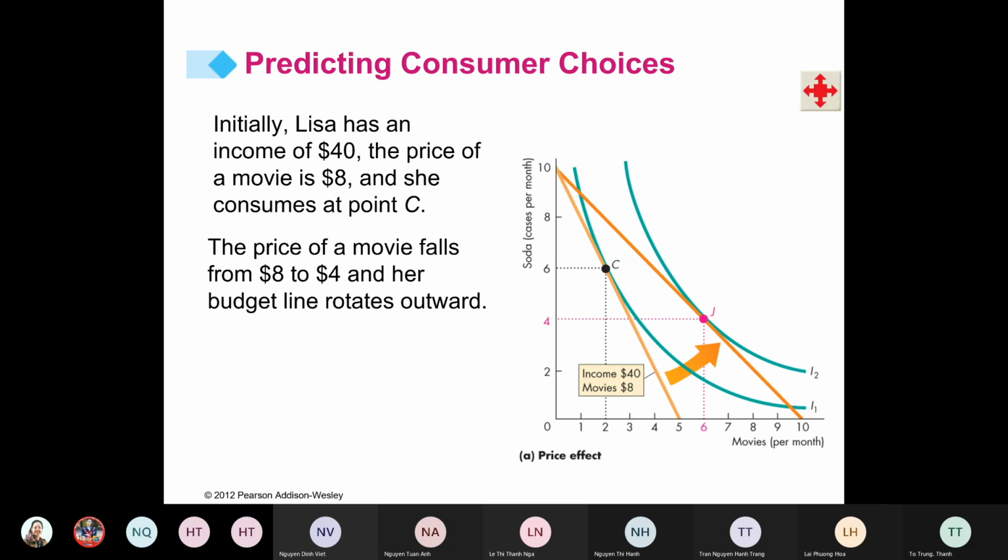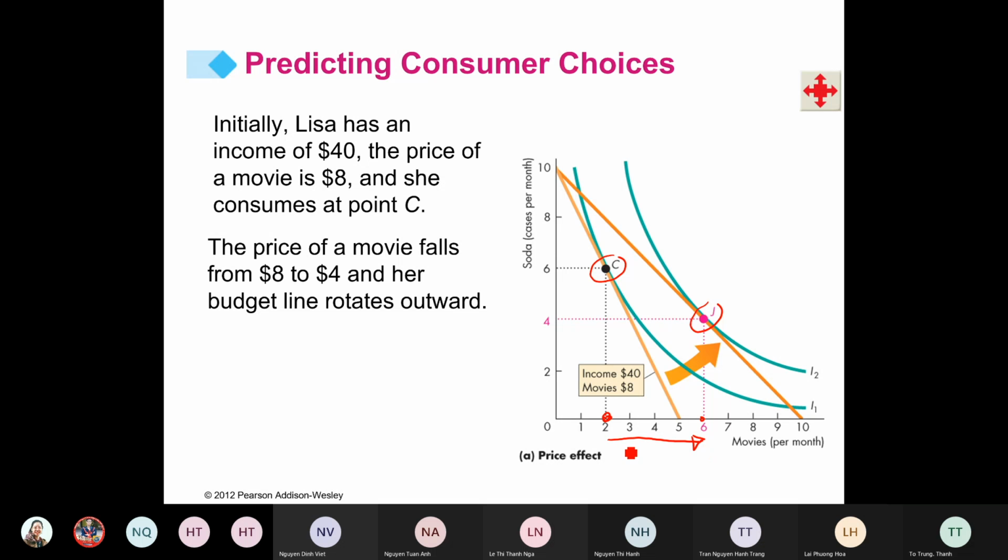The budget line rotates, and that new budget line will be tangent to a new indifference curve at point J. So Lisa's consumption changes from point C to point J, and the number of movies changes from 2 to 6.